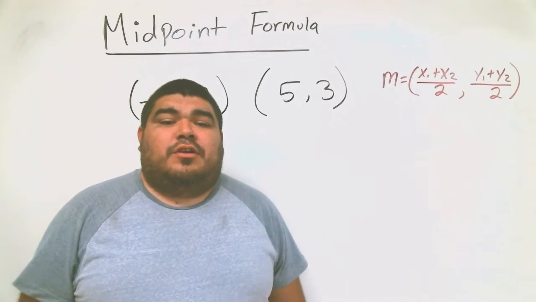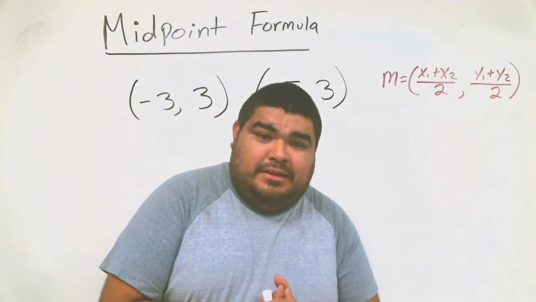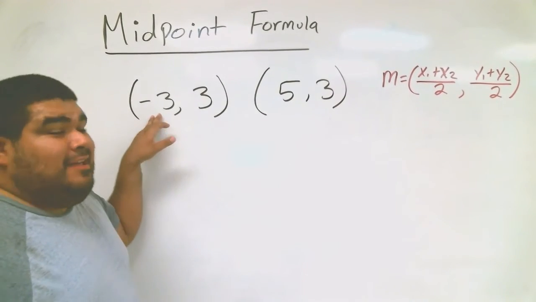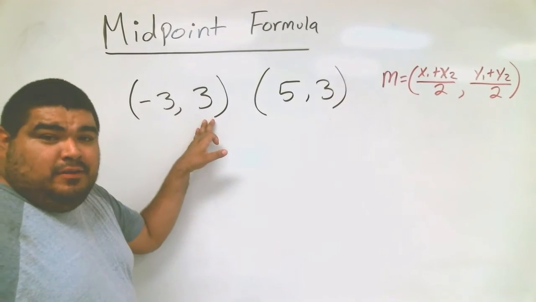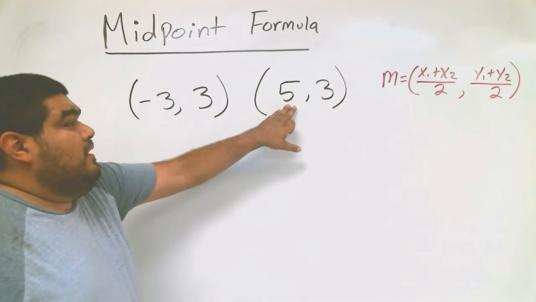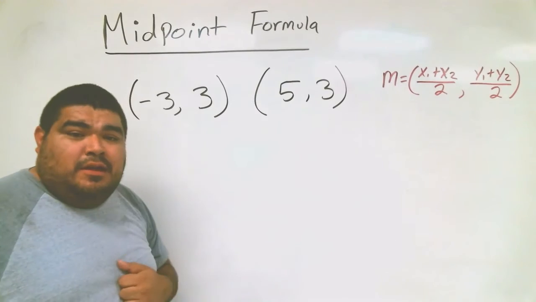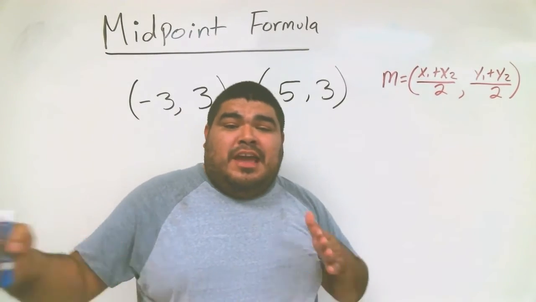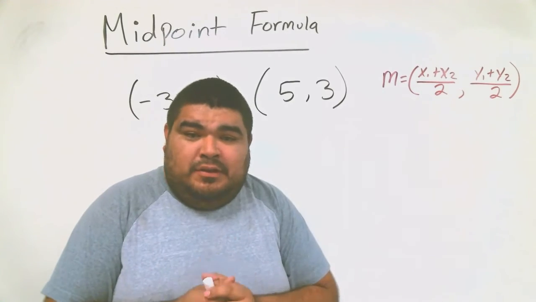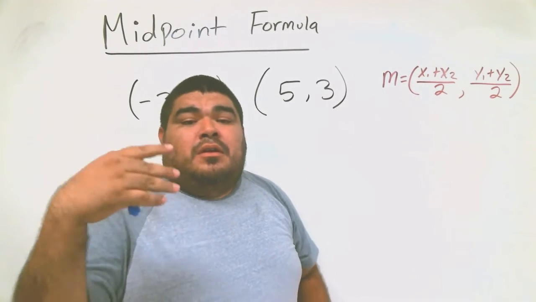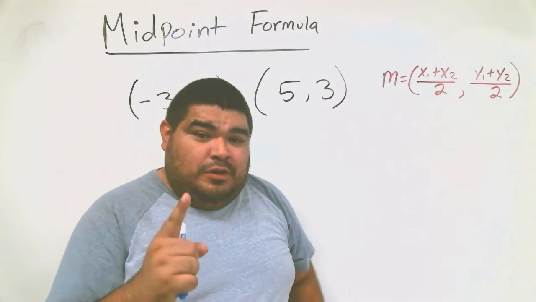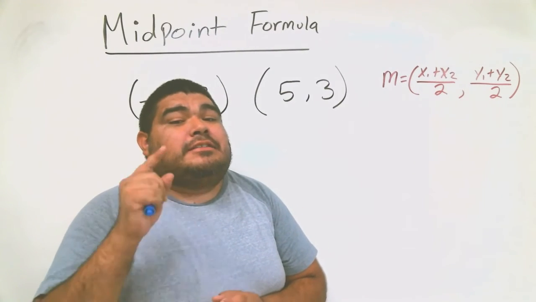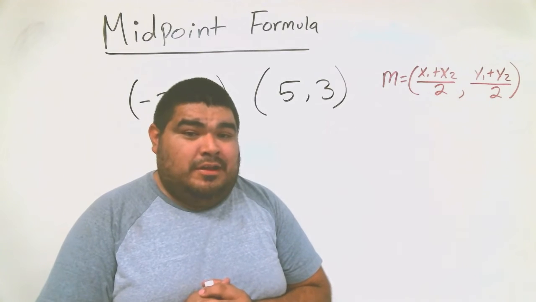All right, so our example for today is the first point is located at -3 and 3. Our second point is located at 5 and 3, okay? So we're trying to find the midpoint, right? Halfway between both points. So remember, the first thing to always do, which makes it a lot easier for you to plug in, is label your coordinates, okay?